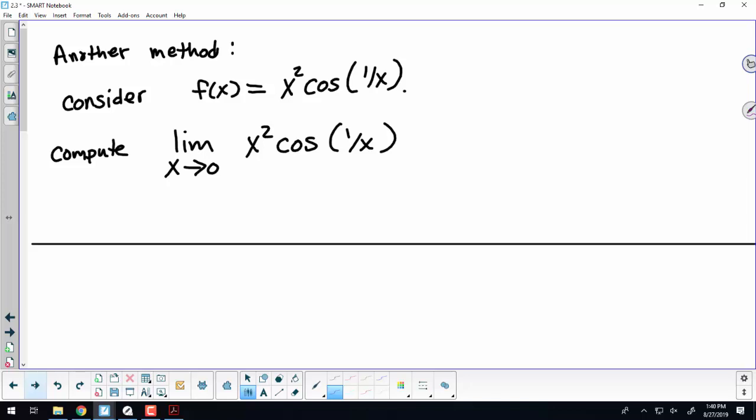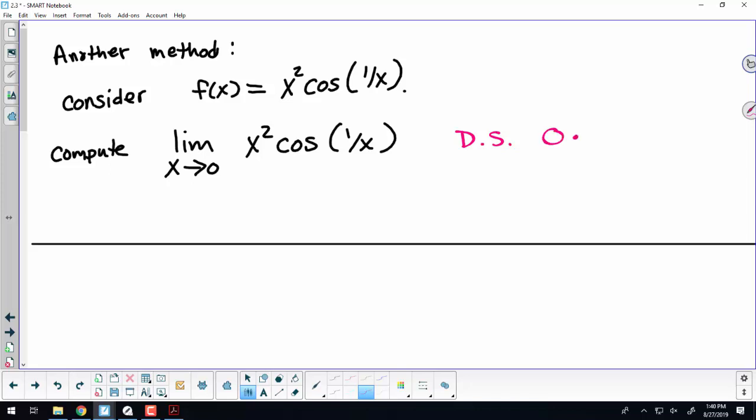Okay, another method. What we're building towards is particularly helpful in evaluating more elaborate types of functions. So if you were asked to compute the limit as x approaches 0 of cosine of 1 over x times x squared, let's just see what happens if I directly substitute.